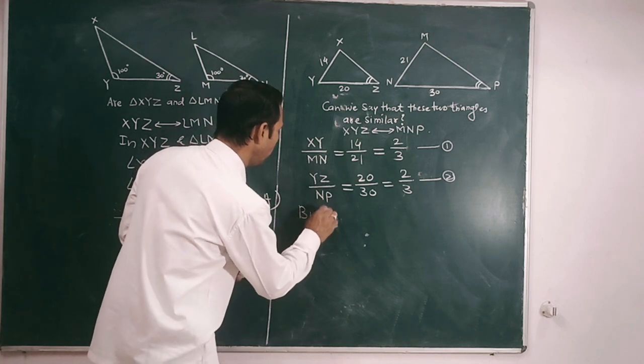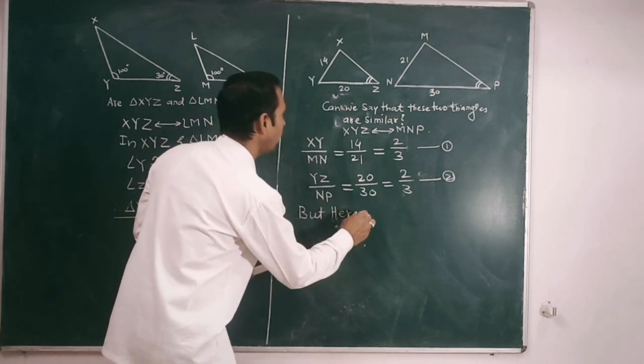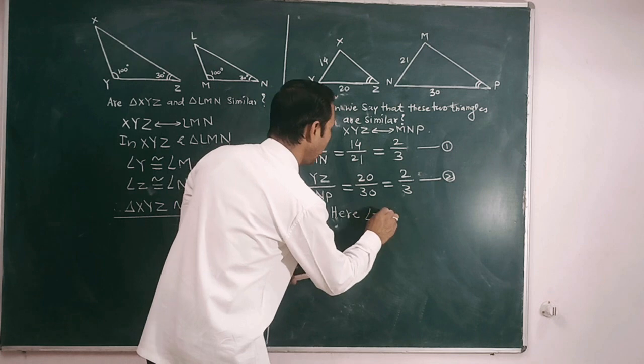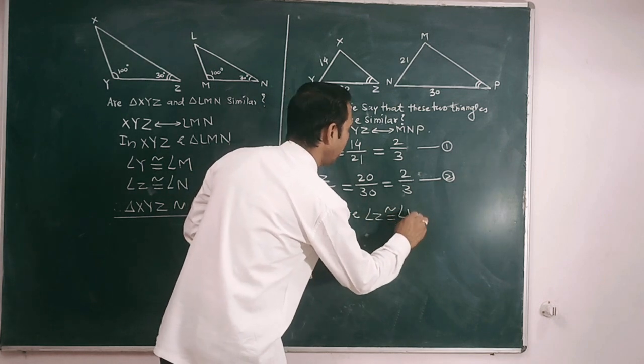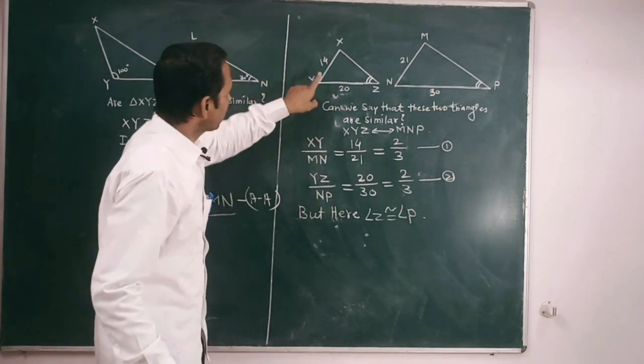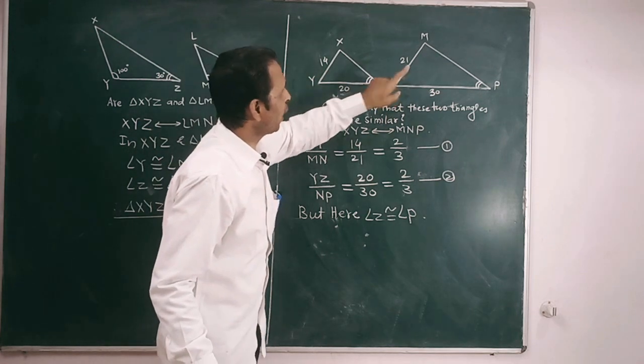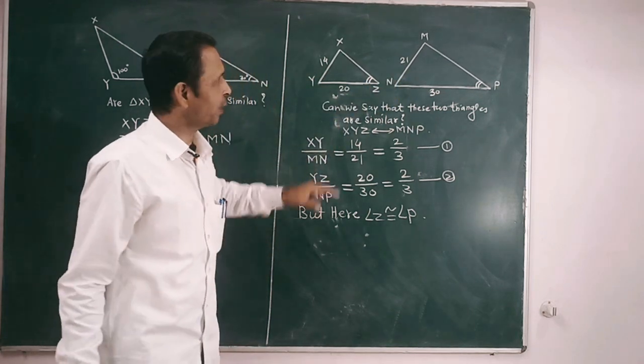But here angle Z is congruent with angle P. We must be given angle Y is congruent with angle N because it is the included angle.